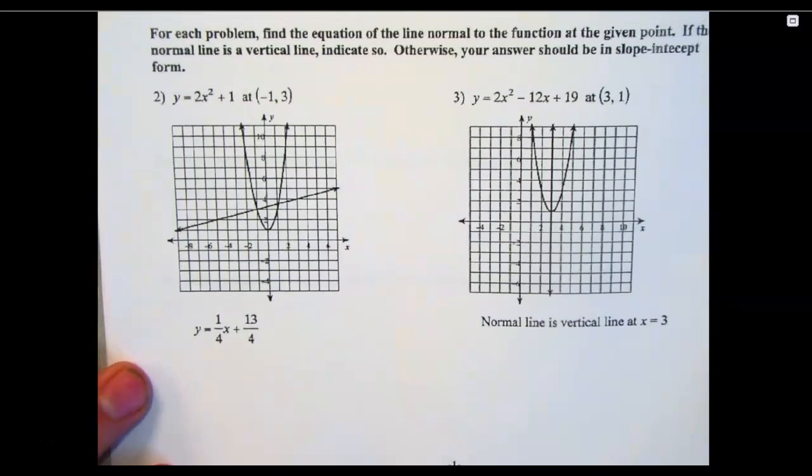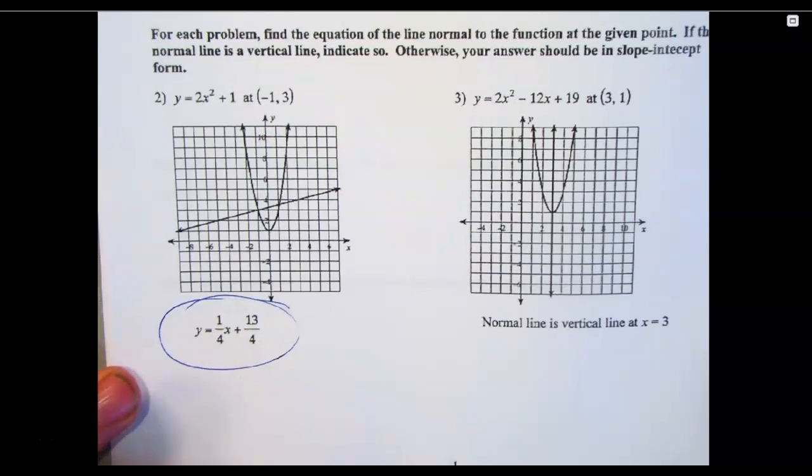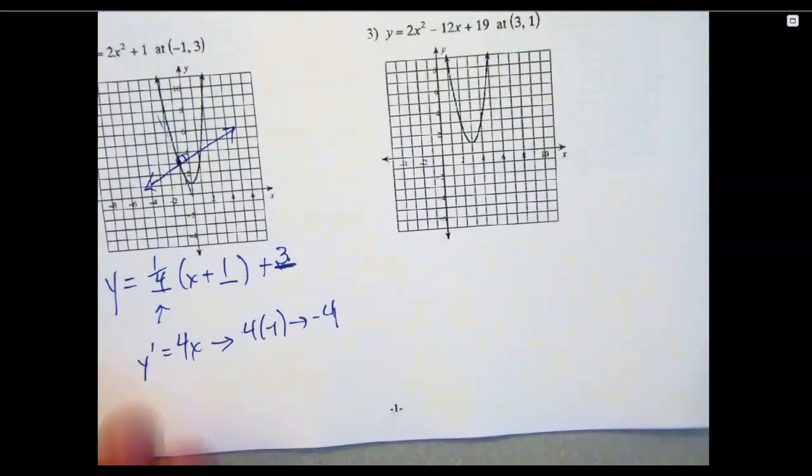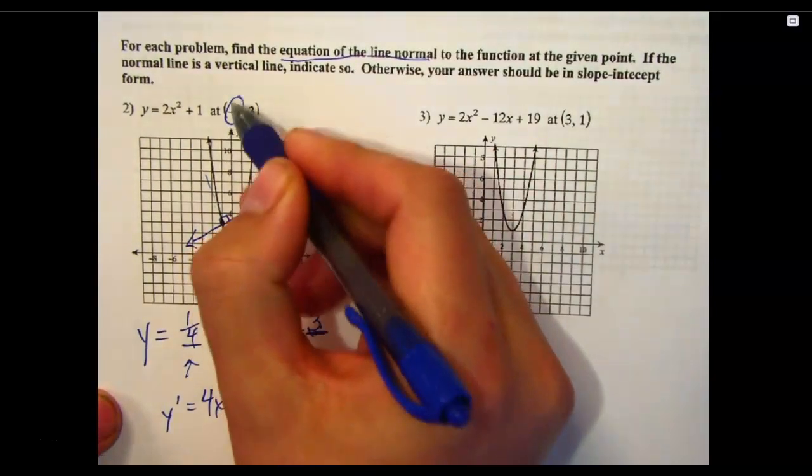So like there's number 2 answer. But I do want you to put it in this form. So I want you to distribute it. Like why did I pick -1 to put here? Because that's the x value they gave me up there.